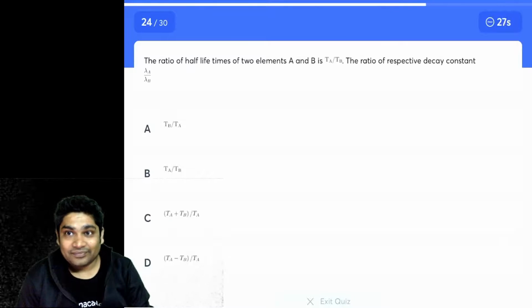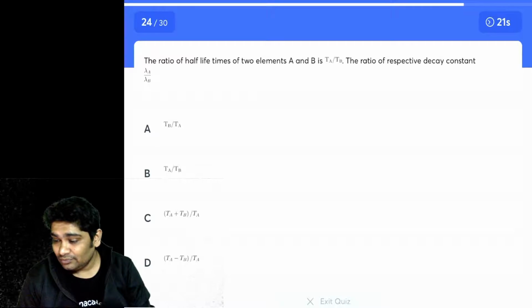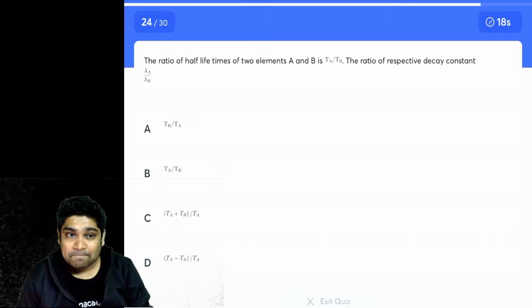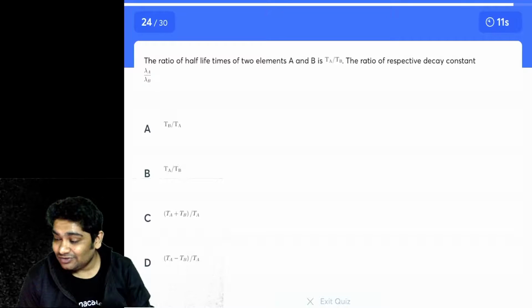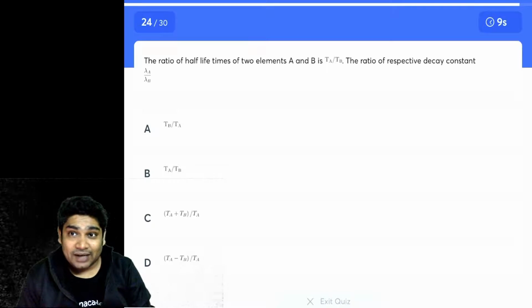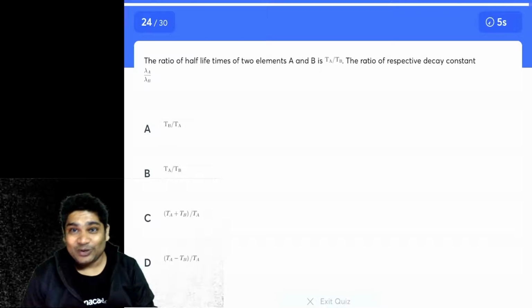Okay, you should remember how half-life and lambda are related, right? If you do that, then you should be fine. I am almost getting up. Hurry up if you haven't marked your answers, and then we'll see how you guys do.